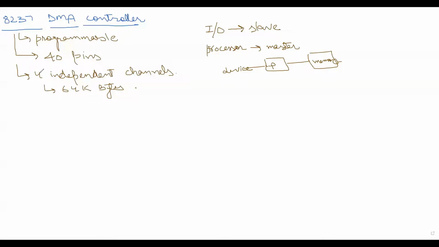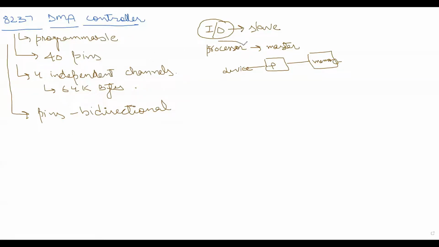Since it has two functionalities, it has some pins that are bidirectional. Bidirectional means that sometimes they act as input pins and sometimes they act as output pins. For example, when it is working as an input output device, those pins will be input pins.